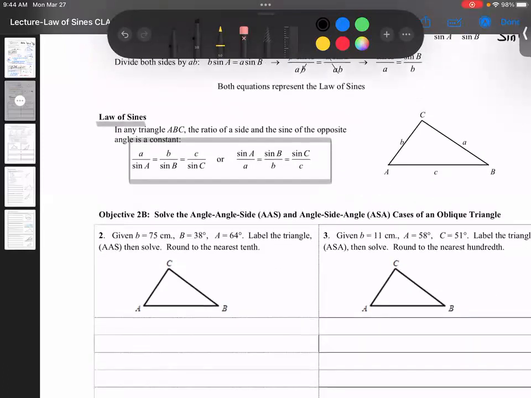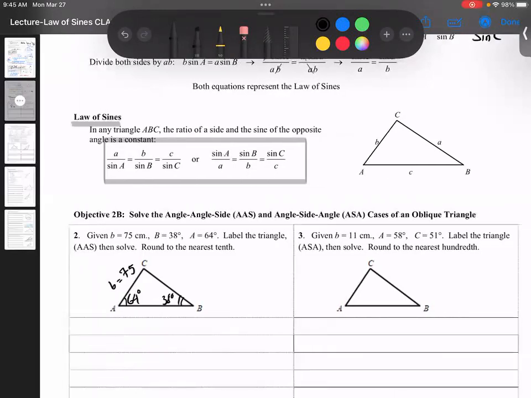I could take a look at number 2. Given a triangle ABC like that, A is 64 degrees. B is 38. Little b, which is opposite the angle B, is 75. So you're given 2 angles and one side. They call that AAS.